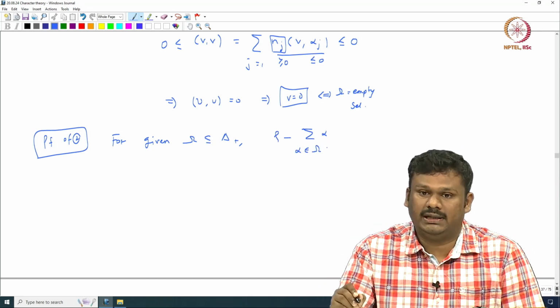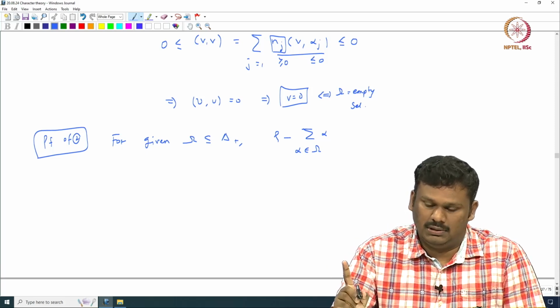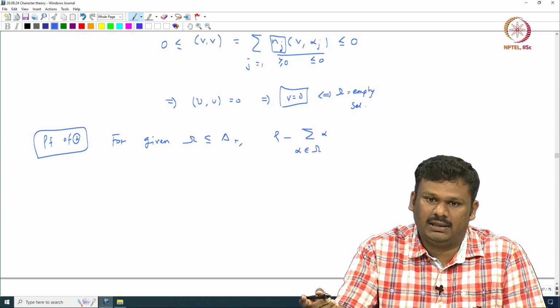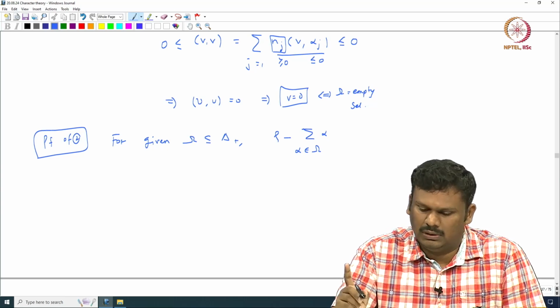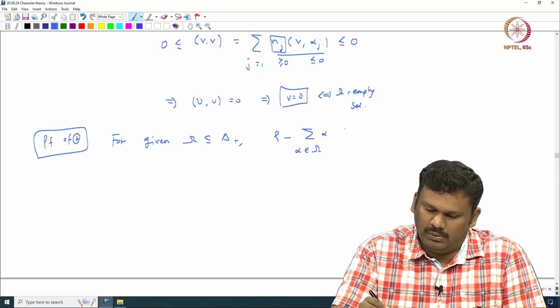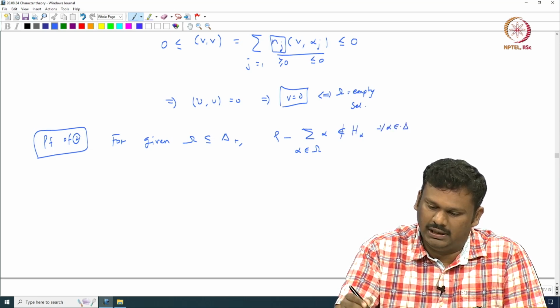We want to understand what it actually is. We are making two statements: either it lies in the reflecting hyperplane H alpha, or it must be of the form W rho. So only two choices are there. Let us say the first choice does not happen, so assume that this is not in H alpha for all alpha in delta.